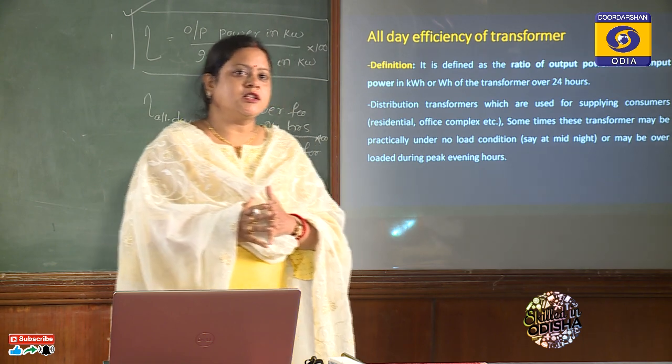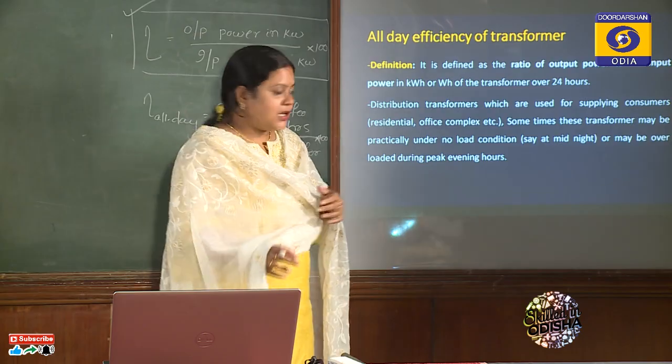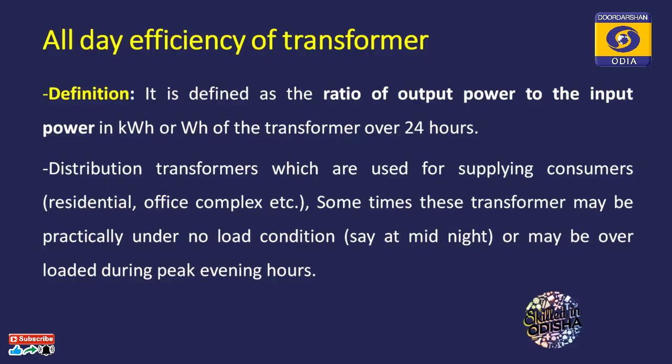So for which transformer are we applying the all-day efficiency? Generally in distribution transformers, which are used for supplying consumers, residential, office complexes, or sometimes this transformer may practically be under no load condition, say at midnight, or may be overloaded during peak evening hours.